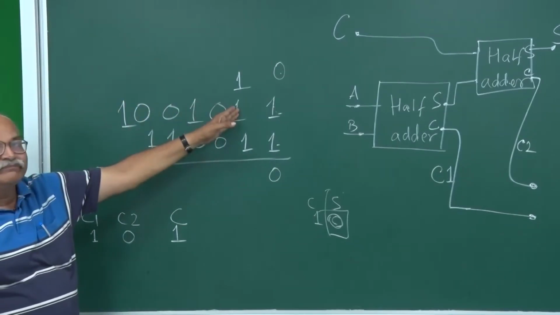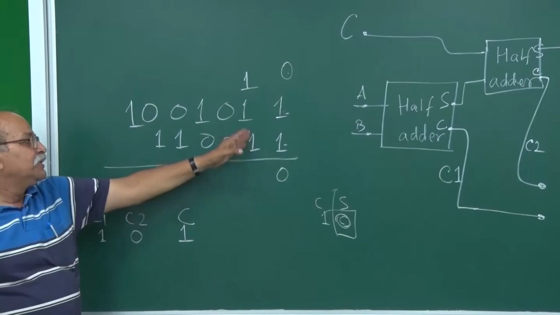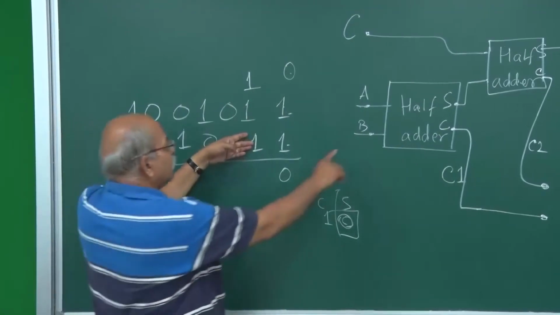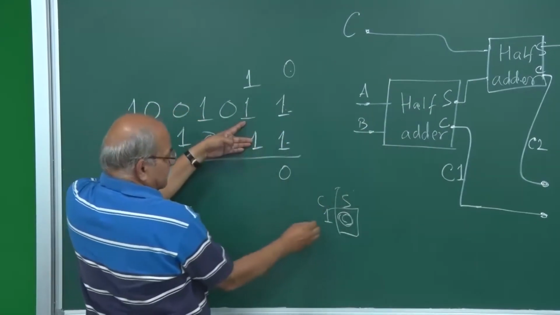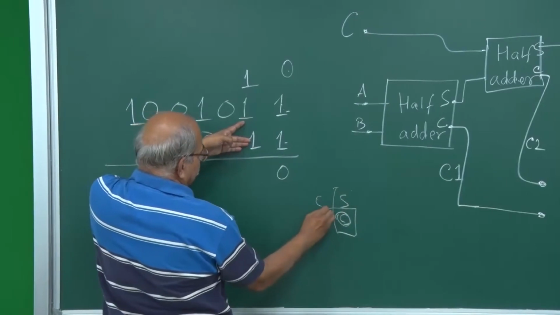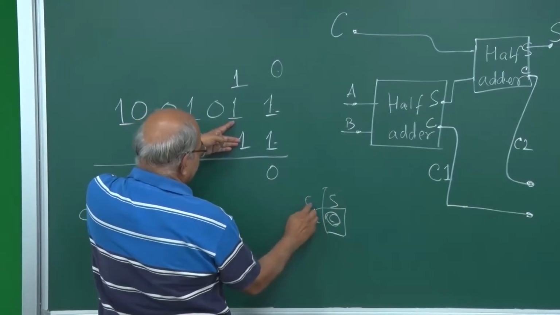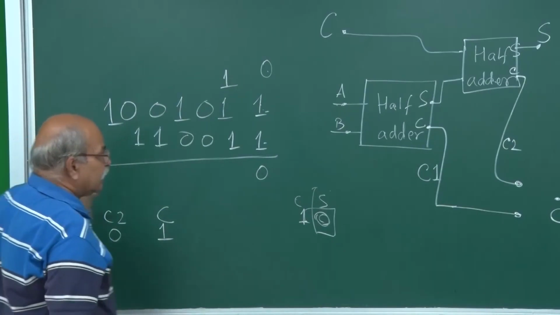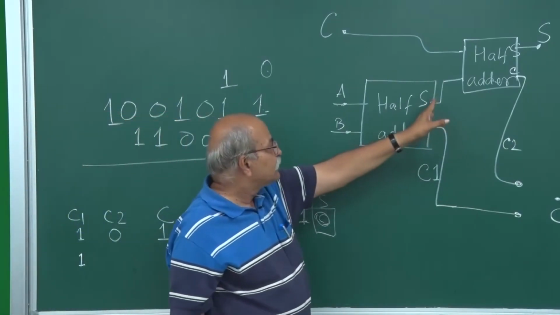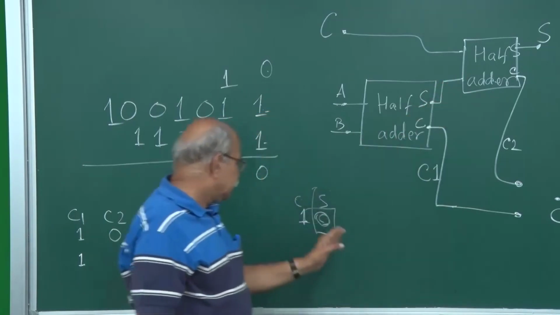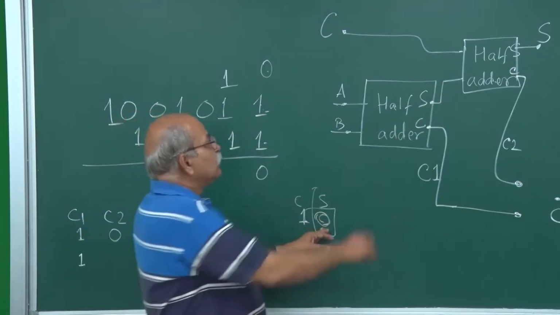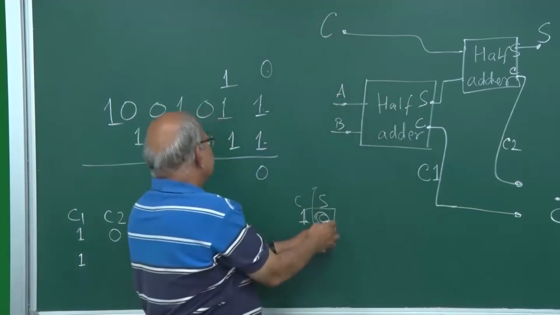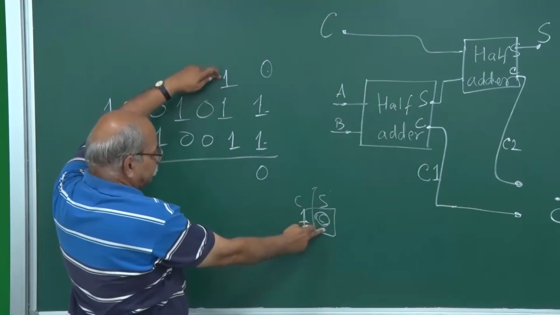Next comes this column. A, B, when you half add, once again you get sum as 0 and carry as 1. So C1 is once again 1. And what is C2? The sum here is 0, and that initial carry is 1.